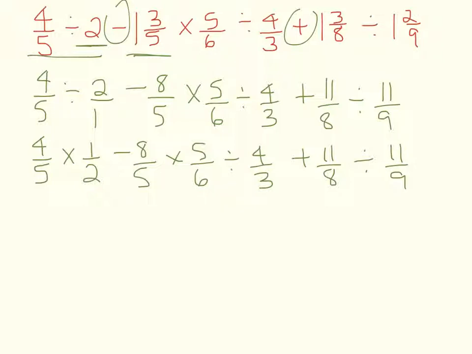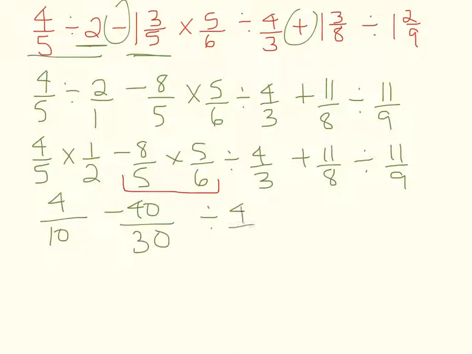Okay, so 4 multiplied by 1 will give us 4, 5 multiplied by 2 gives us 10, and now I'm going to do the multiplication of negative 8/5 multiplied by 5/6. So negative 8 multiplied by 5 will give us a negative 40, and 5 multiplied by 6 gives us a 30, and we still have that division going on as well.